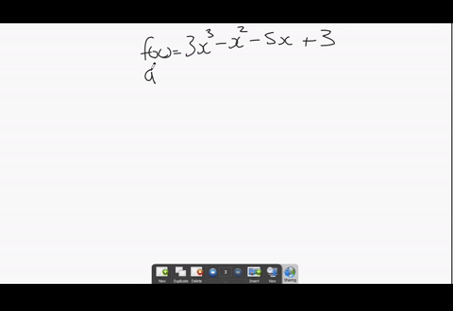So at the turning point, remember, f prime of x is equal to 0. This is the information we are going to use, and we're going to use it quite effectively. Now I want to find f prime of x.